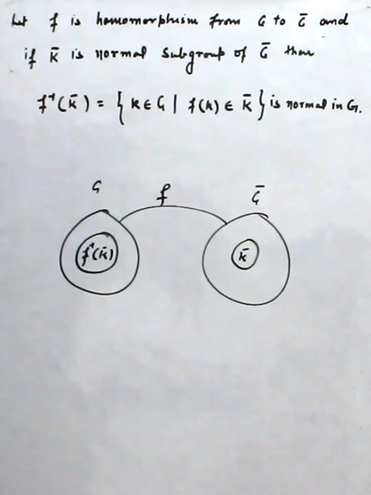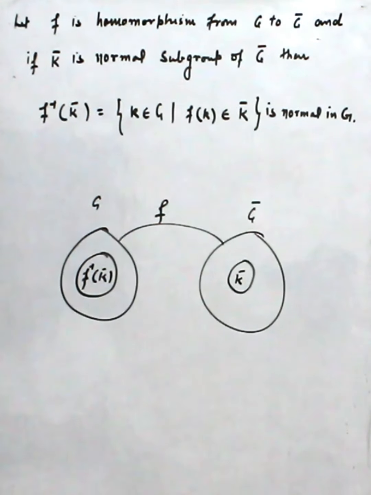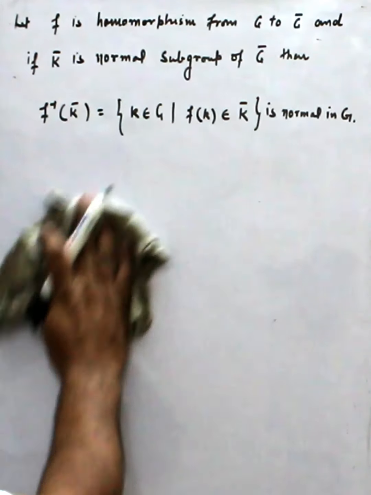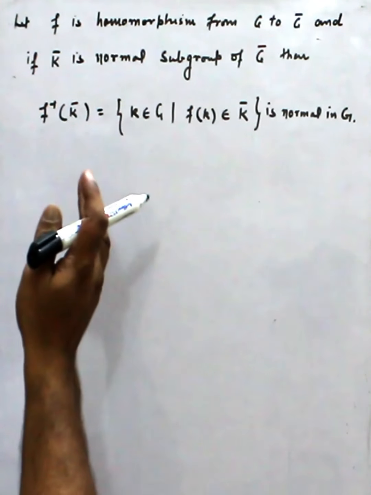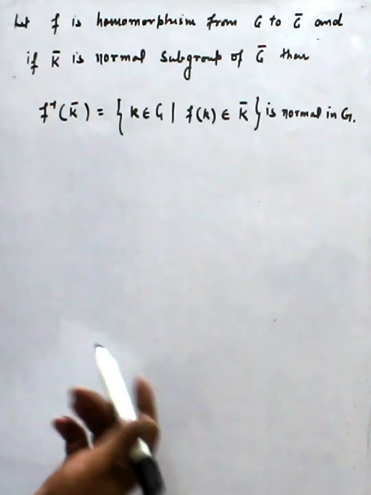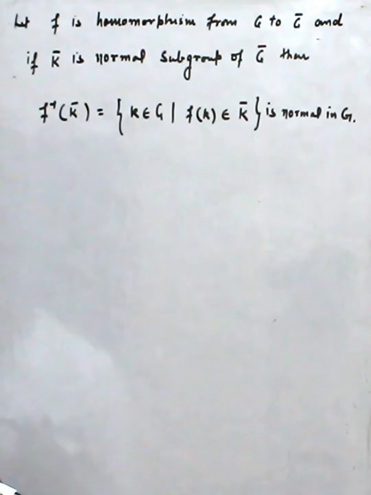And now we show that this is normal. Simply, how do we prove it? We take one element of this and one element from G. So it is an easy question.